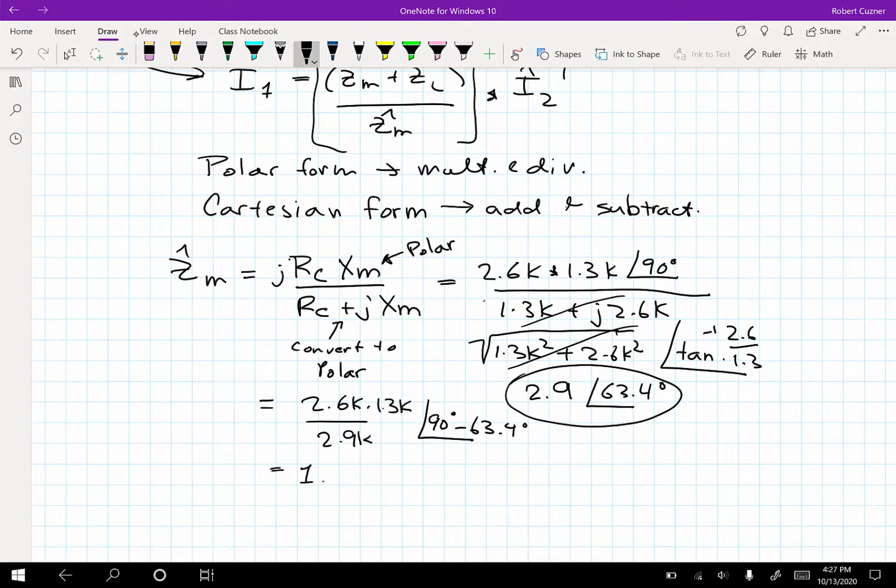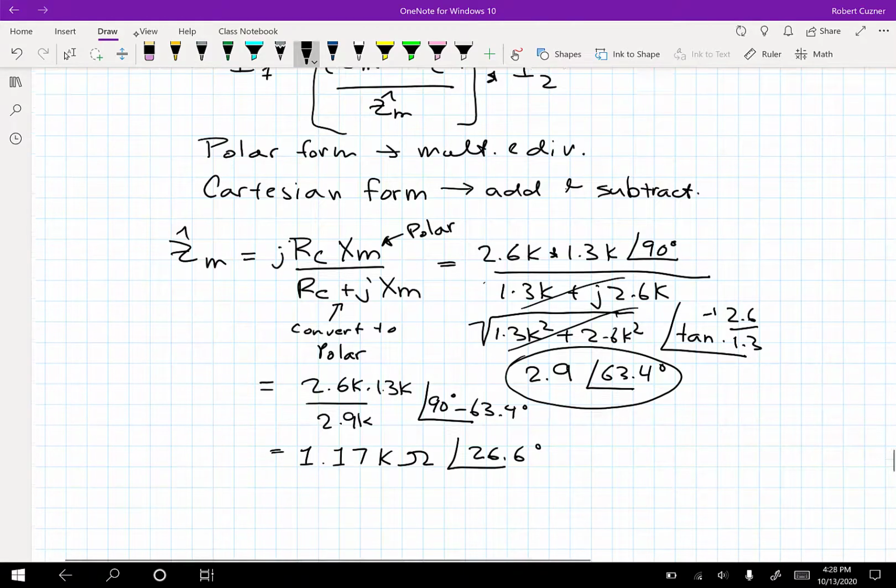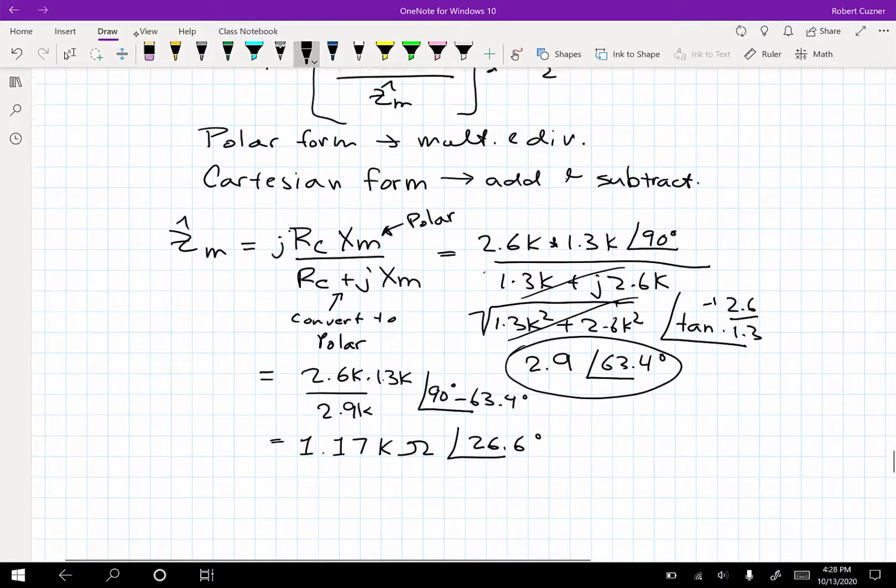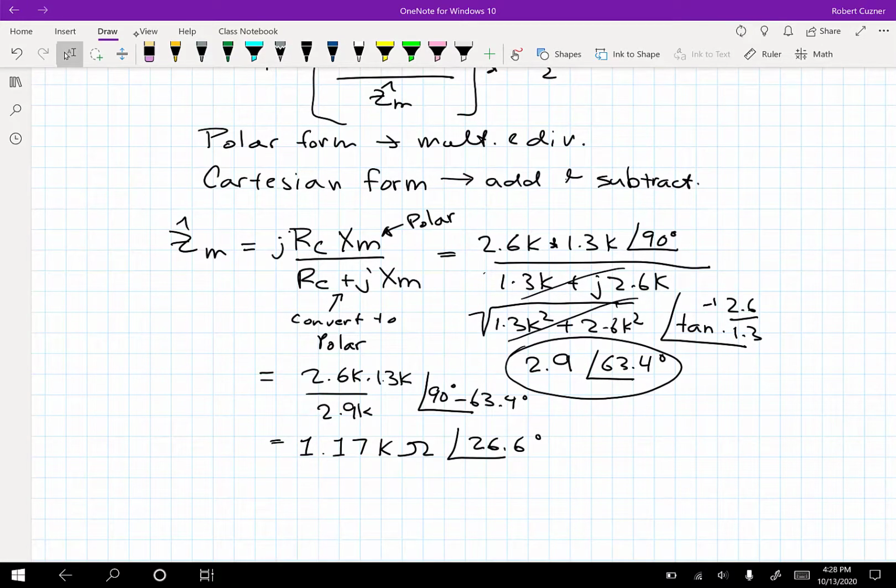So I have 1.17 kiloohms with the angle of 26.6 degrees. I'm going to want to convert this from polar to Cartesian.